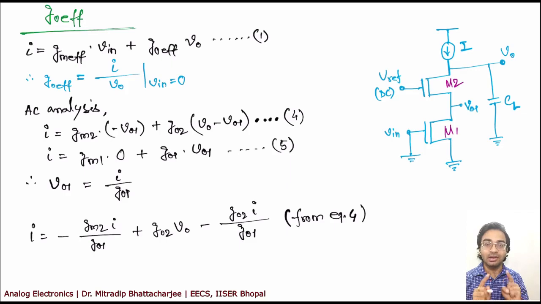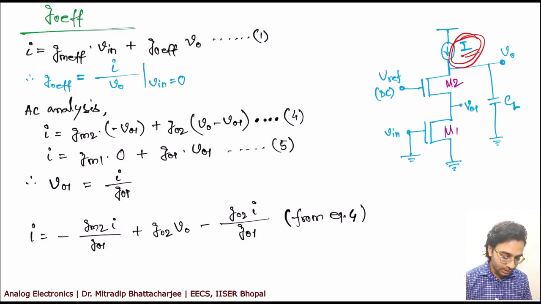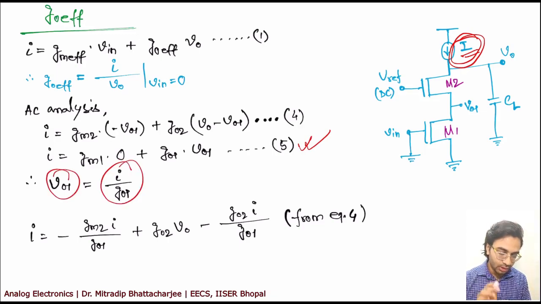Why is bias required? Bias is required to decide the mode of operation of these devices. We have to make sure that devices are in saturation in case of MOSFET. That's why we put a DC bias. Here also the purpose is same. But in the analysis we won't consider the DC bias. Please remember that. So in this case, from equation 5 you have V01 is equal to I by GO1.